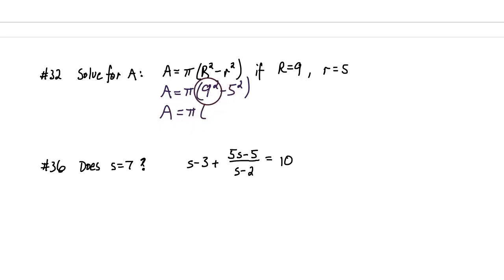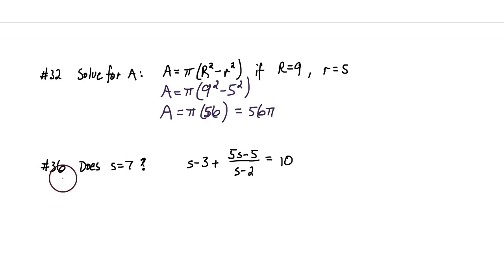In the parentheses, 9 squared is 81, and 5 squared is 25, so 81 subtract 25. That makes a 56 inside the grouping symbols. We can leave our answer like this, but it's more common when you have the symbol pi and a number like 56 to write the number first and then put the pi symbol. So the answer for capital A is 56 times pi.